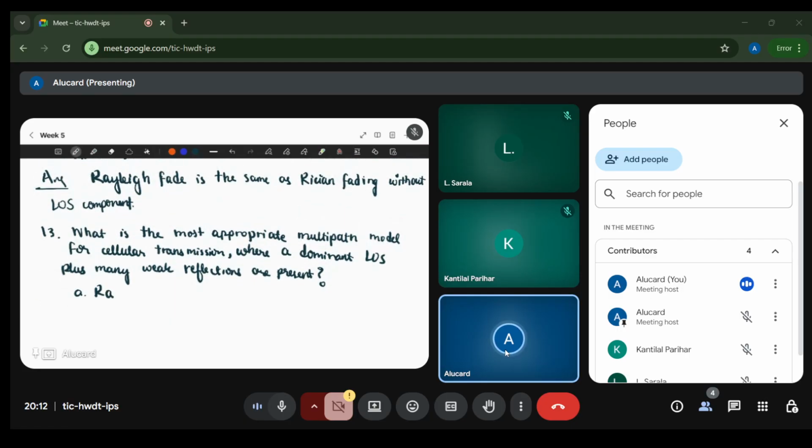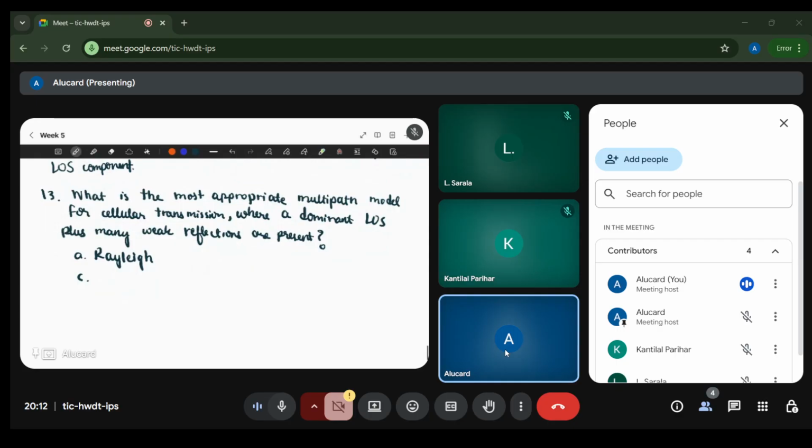Options are again A, Rayleigh, B, Rician, C, Nakagami, or D, both B and C.